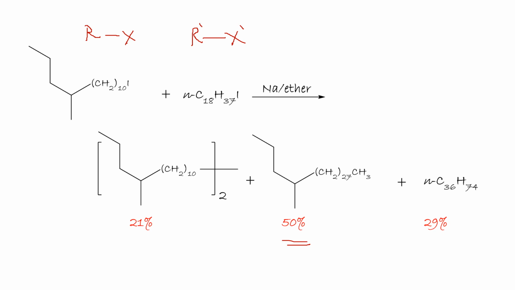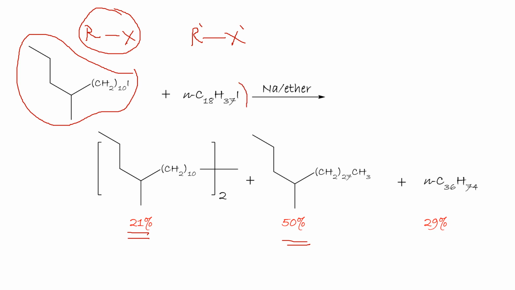But R could combine two molecules of it together, in this case 21%, dimerizing this species. And again, we find that this one combined with itself to form the dimer in 29%.